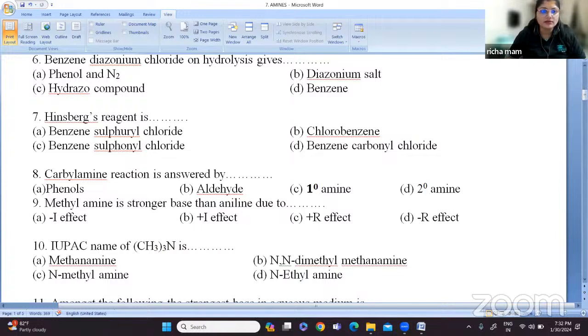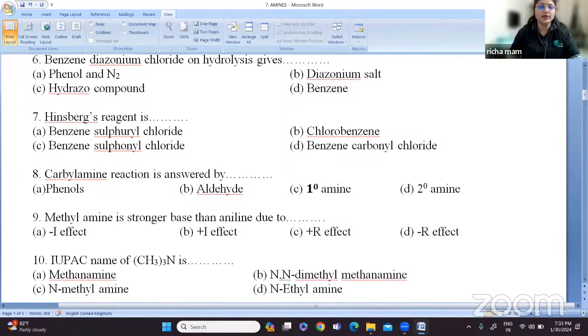Ninth one. Methylamine is a stronger base than aniline due to minus I effect, plus I effect, plus R effect, or minus R effect.